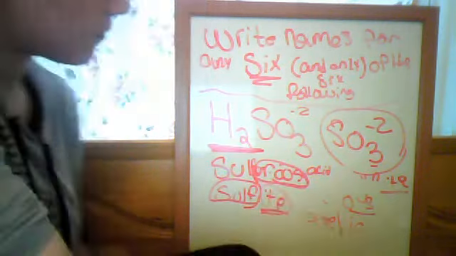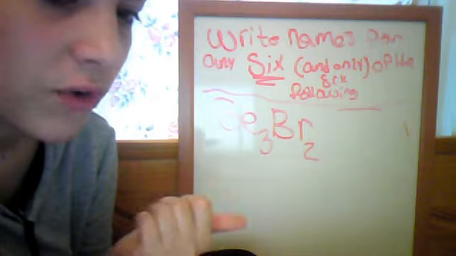Can you remember the restriction for having non-metal with non-metal? We have to write the numbers before it. It's di, tri, tetra, those kind of stuff.